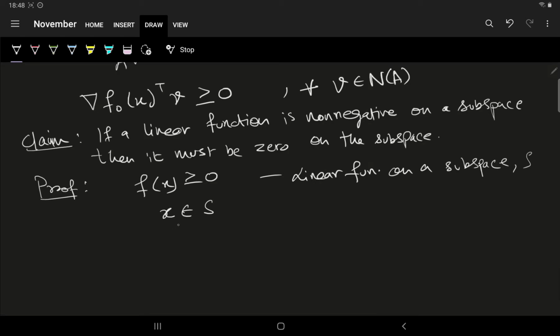So by the property of the subspace, f of minus x is also non-negative on the subspace, and by the linearity property of the function, this is also greater than or equal to 0.